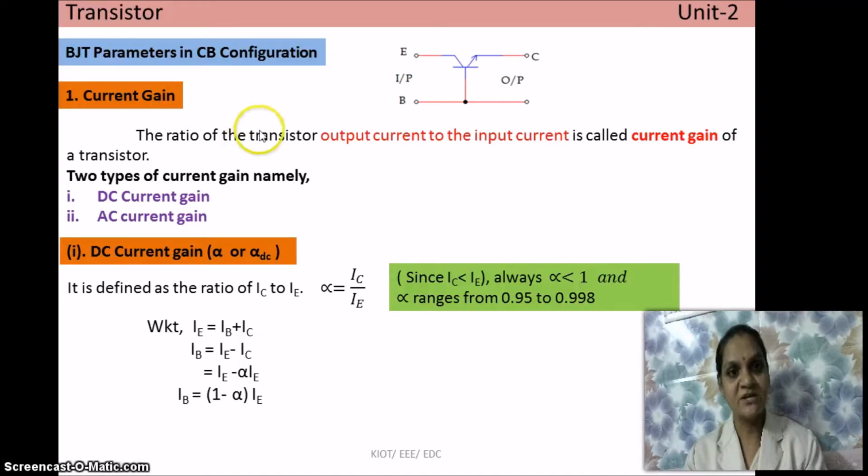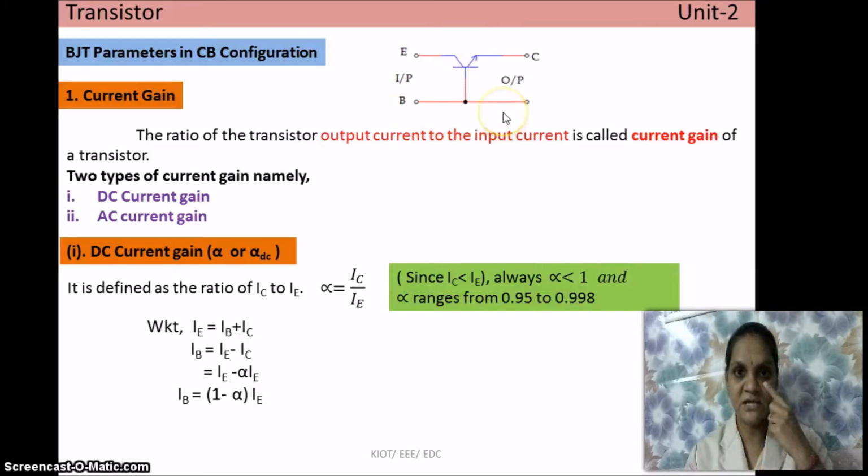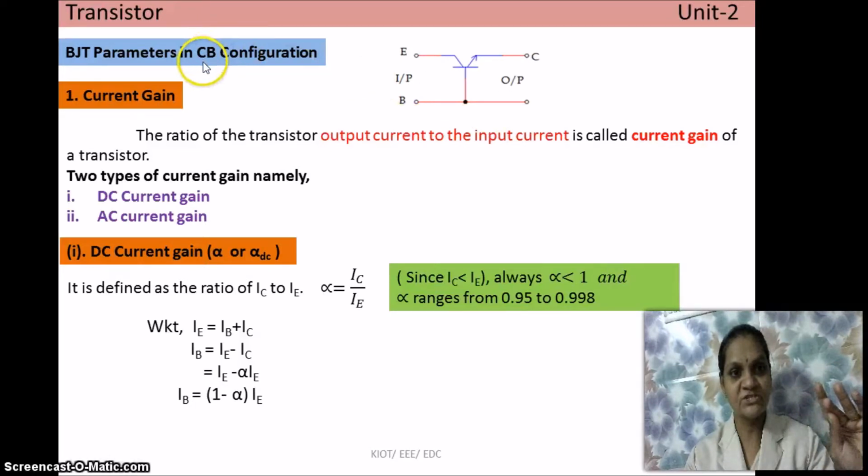When you consider a common base transistor, the picture will be like this: common base configuration. We know a transistor has three different terminals: emitter, base and collector. By keeping any one of the terminals common between input and output, we get different configurations. This common base configuration is possible by keeping the base terminal common between the input and the output.